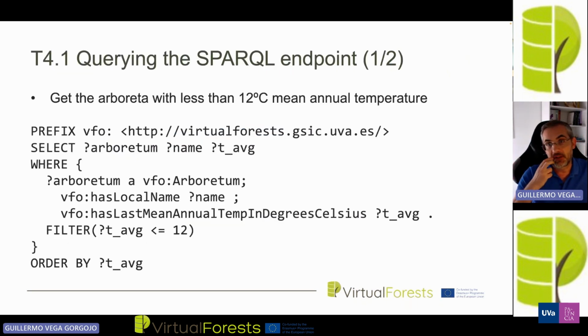Okay, so this is just one example. Imagine that you have this information need that you can read, and indeed in this Rainforest dataset there are different arboreta, and we want to know which ones have less than 12 degrees of mean annual temperature.